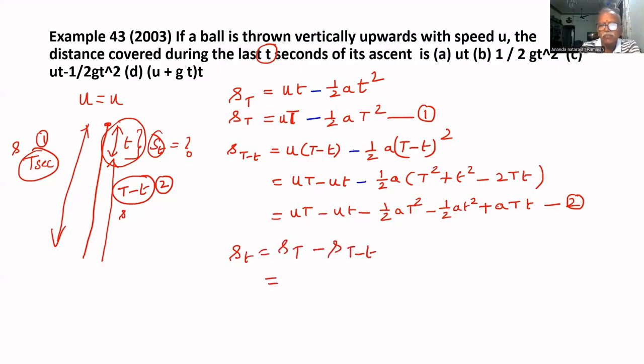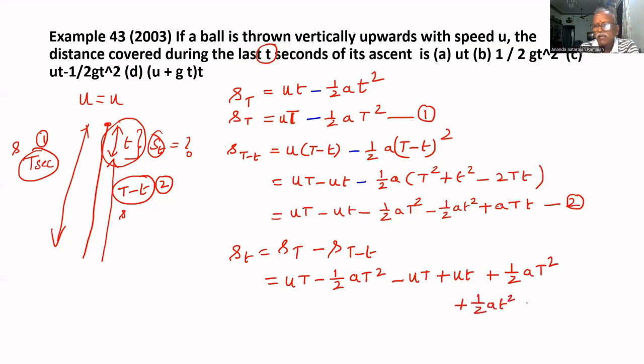That is equal to, if you subtract this from this, what you will get? ut minus 1 by 2 a t square, minus u(t minus τ), plus 1 by 2 a t square, plus 1 by 2 a τ square, minus a t τ.